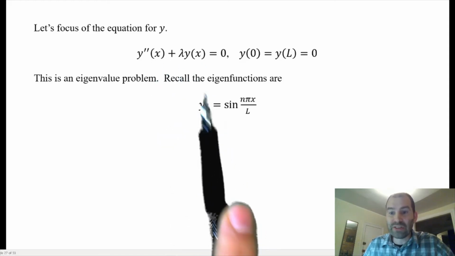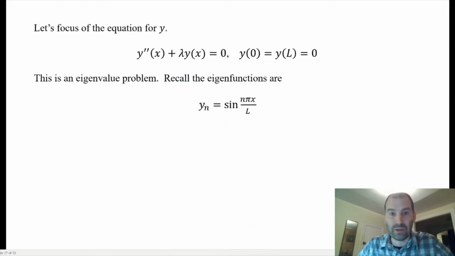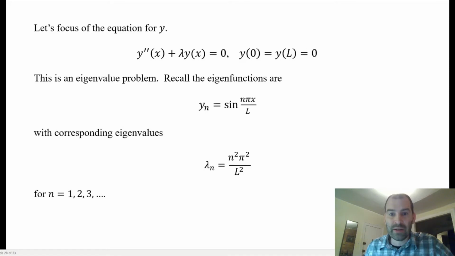Of course, they only solve the differential equation, as we showed, when lambda has this form, n squared pi squared over L squared. So this is the solution to the eigenproblem. We found the solutions and what the lambdas would have to be in order to produce those solutions. And these are all valid provided n is an integer from 1 to infinity. And those are all the solutions. There's no other possibilities.